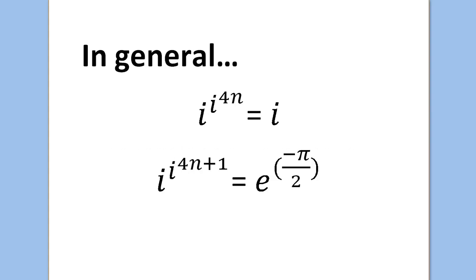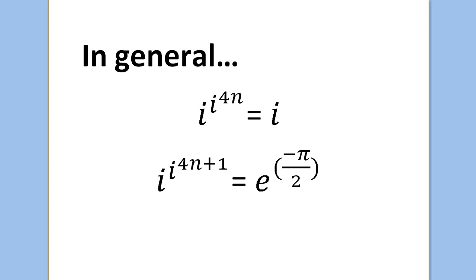Now in general, i to the power of i to the 4n, where n is any integer, like 0, 1, 2, is just i. So if you let n equal 0 there, i to the power of i to the 0 is i to the 1, which is i. In our case, we had i to the i. So this next generalized formula comes into play.